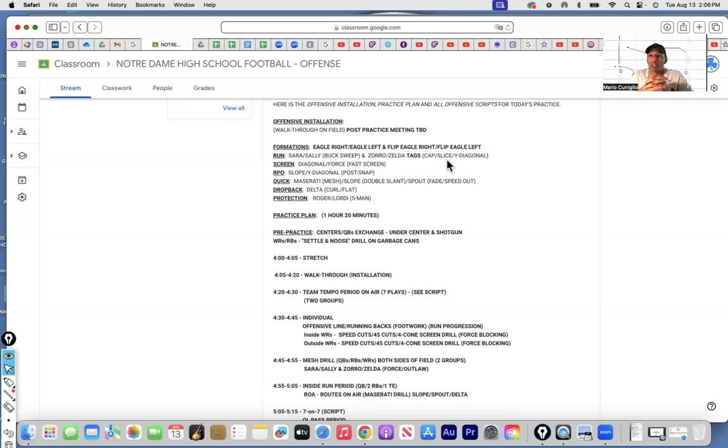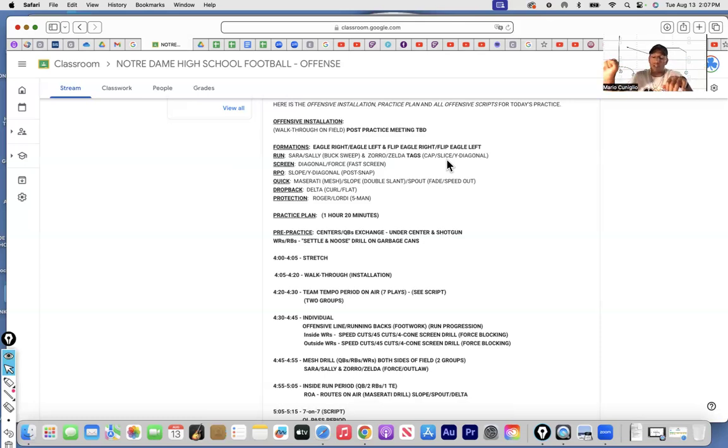And then if we put him on the same side, as opposed to him coming across the formation, let's say he's on the right side of the formation, and he's like the tight end to the right, off the ball or on the ball, whatever it may be, the offensive line will block the run play or the inside zone play to one side, left or right, and he'll be on the same side.